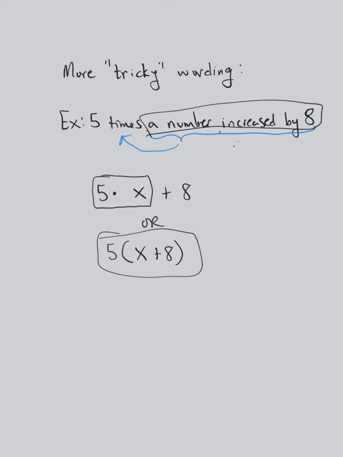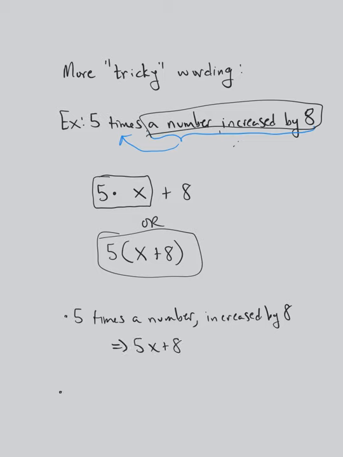And remember, grammatically, what indicates a pause is a comma. And so the way you actually get this settled is if I say 5 times a number and then pause, so use a comma, increased by 8, like that. This is the one that's going to translate to 5x plus 8.